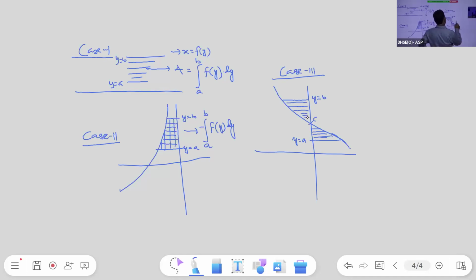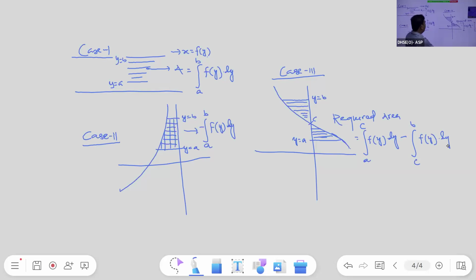So required area is equal to integral A to C f of y dy minus integral C to B f of y dy. This is negative area and this area is positive area, right? I hope it is clear to you.